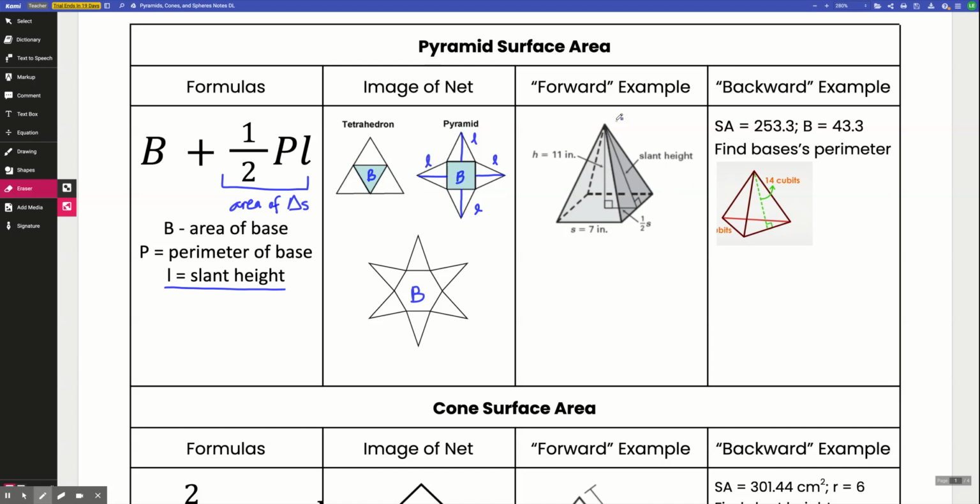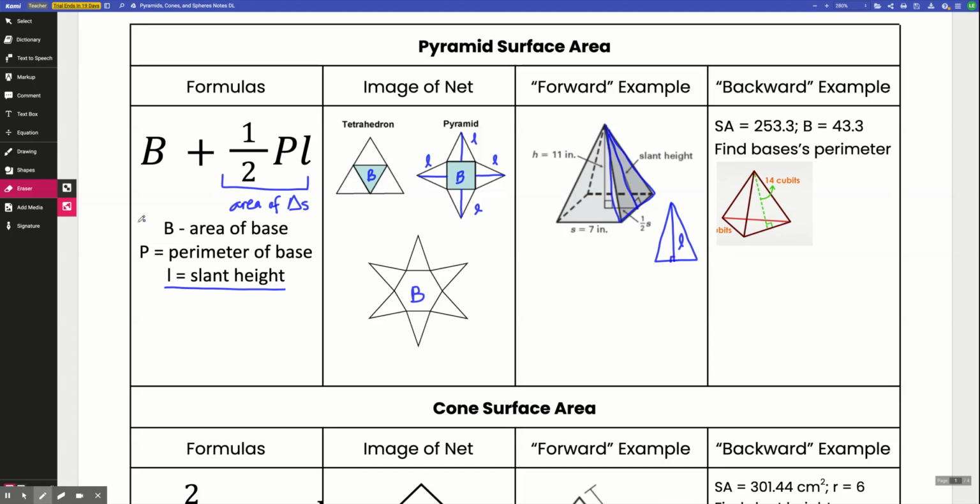You can see it a little easier in this front example right here. If this is my triangle, the slant height is right here. If you turn this triangle on its side so that it's facing you, the slant height is right here. So it's like the height of this triangle.